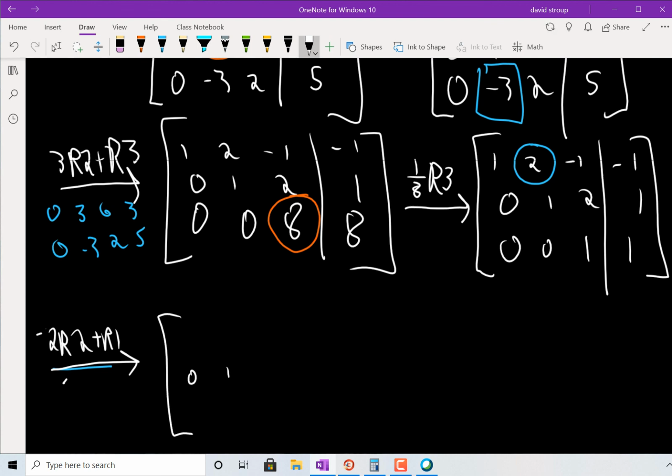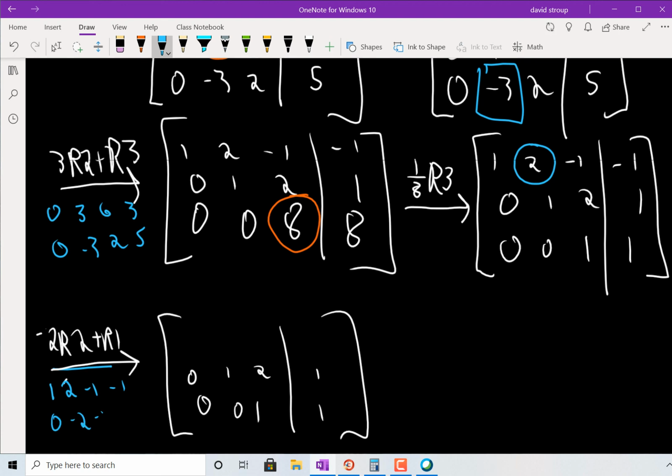Okay, so 0, 1, 2, 1, 0, 0, 1, 1. And our arithmetic this time, we're going 1, 2, negative 1, negative 1, and 0, negative 2, negative 4, negative 2. So we get 1, 0, negative 5, negative 3.